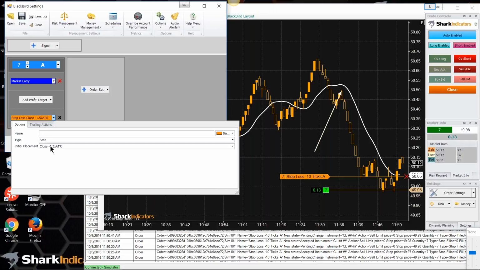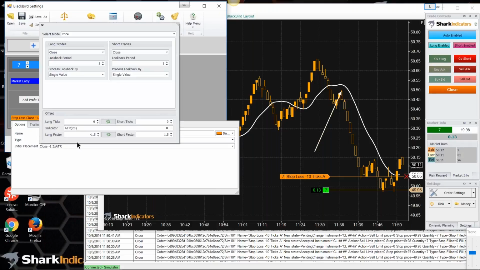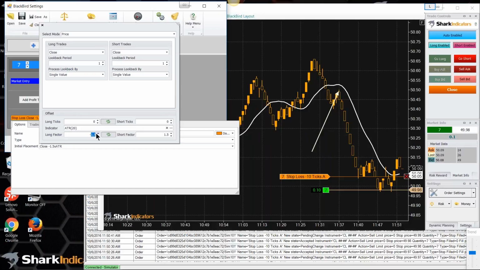This time it's a 1.5 ATR stop loss. If you don't want 1.5, if you want that to be a 2, you just go in there and change that manually to 2, and then you can increase it or decrease it.